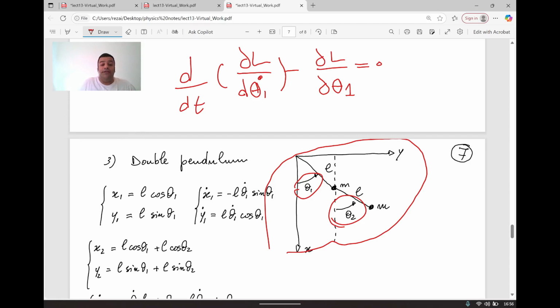It's not so easy, but it's practical when the question is hard and you have a constraint, because the double pendulum is so complicated to calculate by the simple Newton formula.